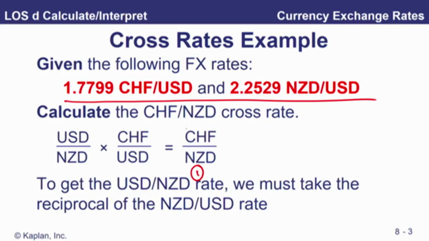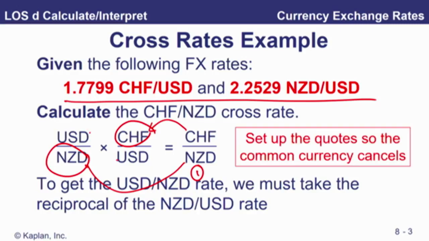We need Swiss francs on the top. So Swiss francs must be there. And we need New Zealand dollars on the bottom. So New Zealand must be there. If we do that, well, USD there. We've set it up so the US dollars will cancel out. And we are left with Swiss francs over New Zealand dollars.